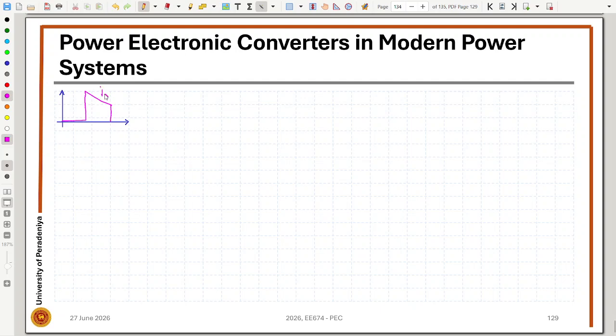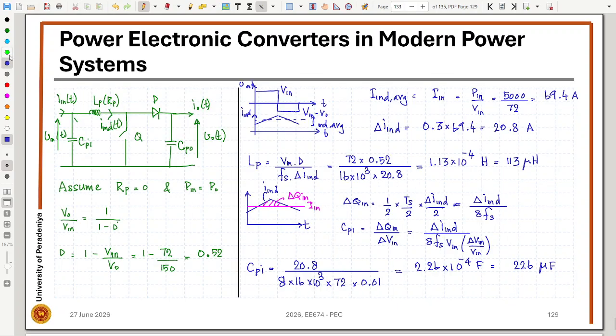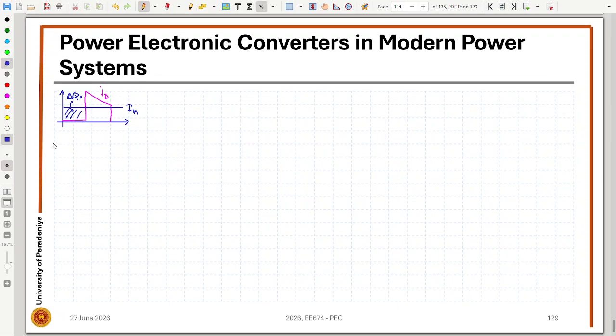So this is the diode current, and we can have the input current I in. So we have the delta Q out. We can write delta Q out as I in times T on. We can write this as I in times D times Ts. So we have I in D over Fs.